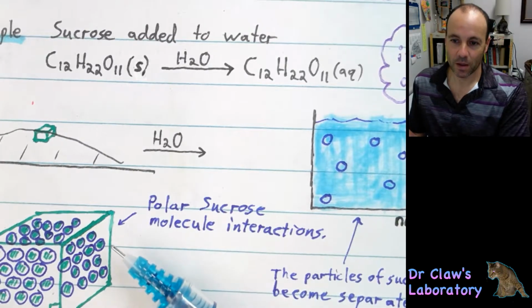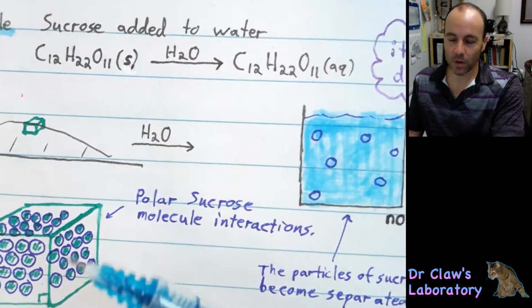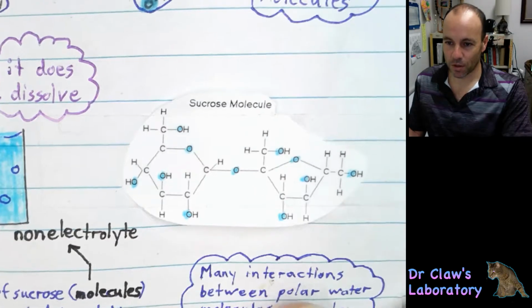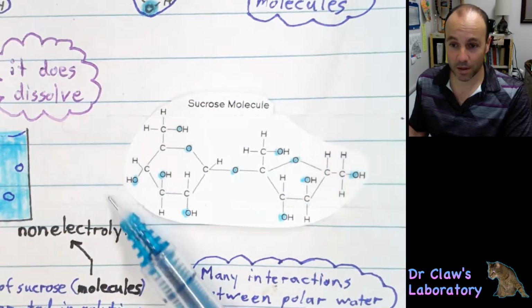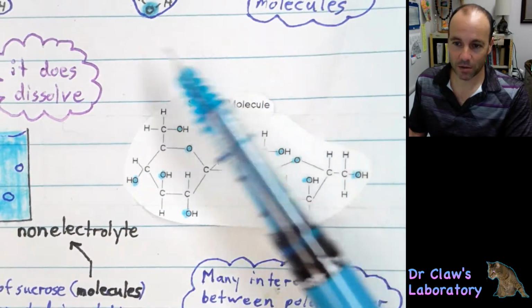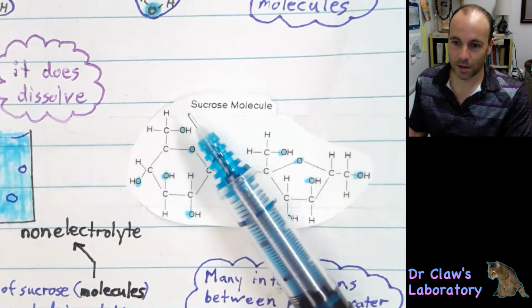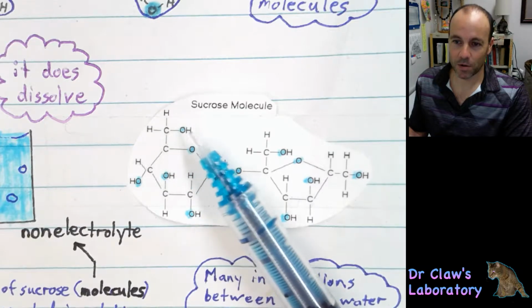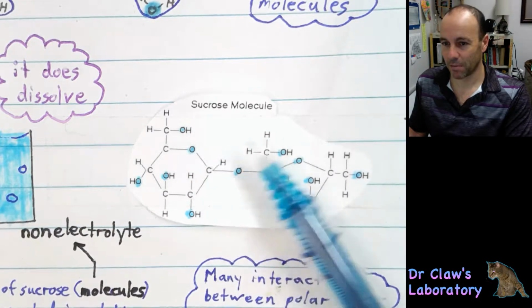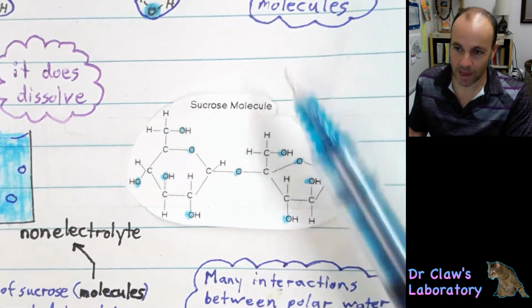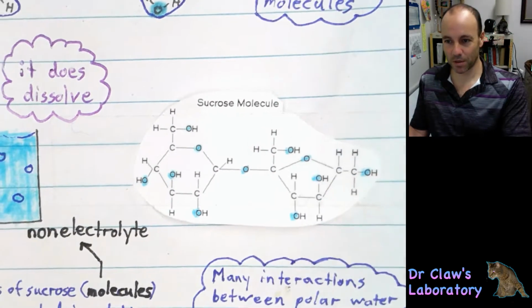Okay, and you can imagine a sucrose molecule all of a sudden having 100 water molecules surrounding it, and the water is interacting with the partially positive and partially negative parts of this large molecule, and it's able to pull it away from the crystal.